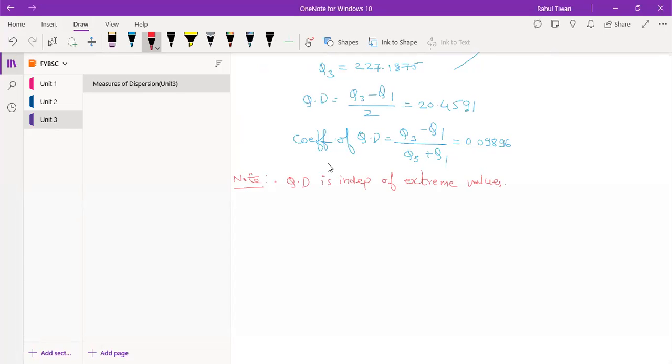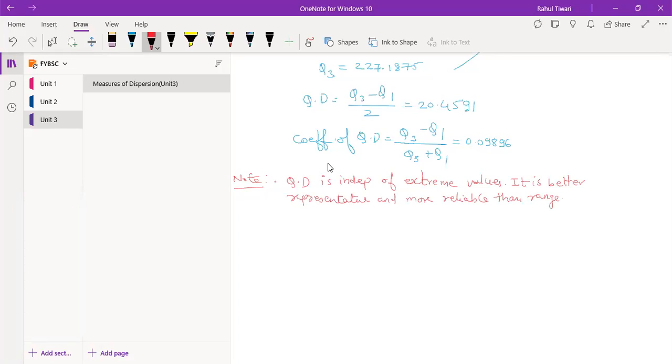Therefore, I can say it is a better, more reliable representative than range.